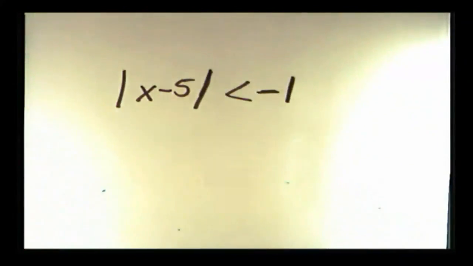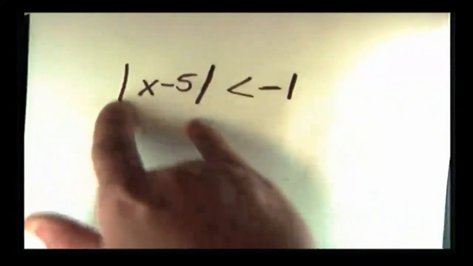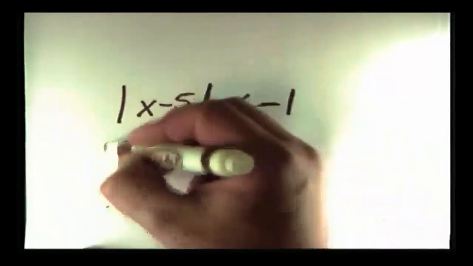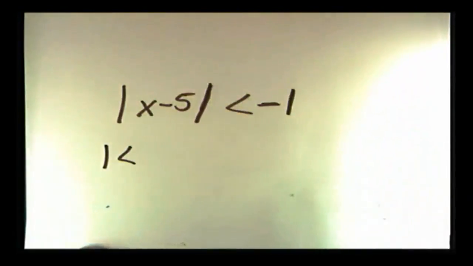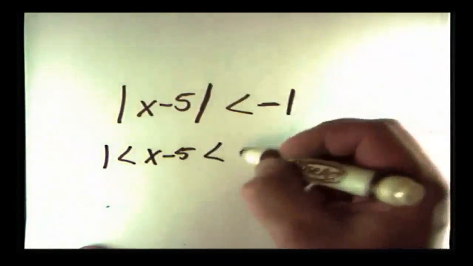You may remember from our last video, I think I showed you this, that to get rid of these absolute value symbols, I have to consider this equation with a positive one and a negative one. So I'll rewrite this problem as 1 is less than x minus 5, which is less than negative 1.